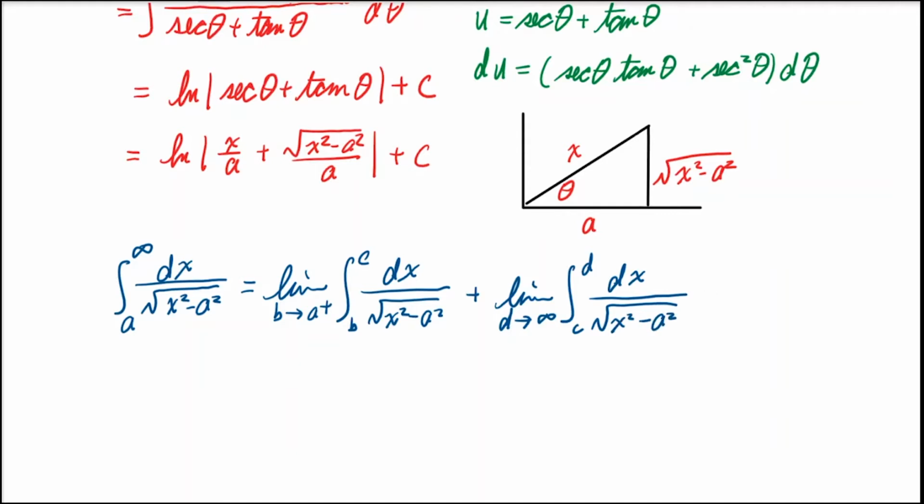Are you with me? So c is some arbitrary middle point. So let me write that down here. b is greater than a, and then of course there's a c, and then there's a d in that order. You get it? So c is just some arbitrary point that is between b and d.